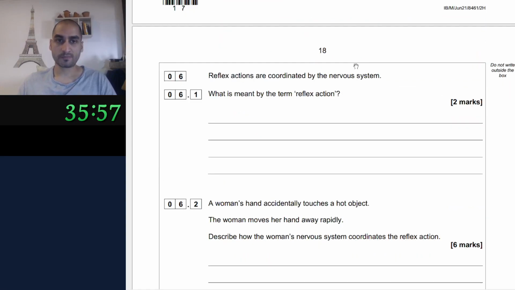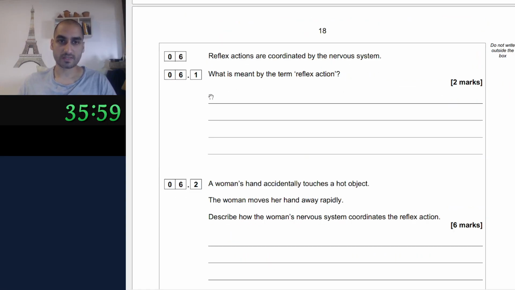I don't know. Reflex actions are coordinated by the nervous system. What is meant by the term reflex action?